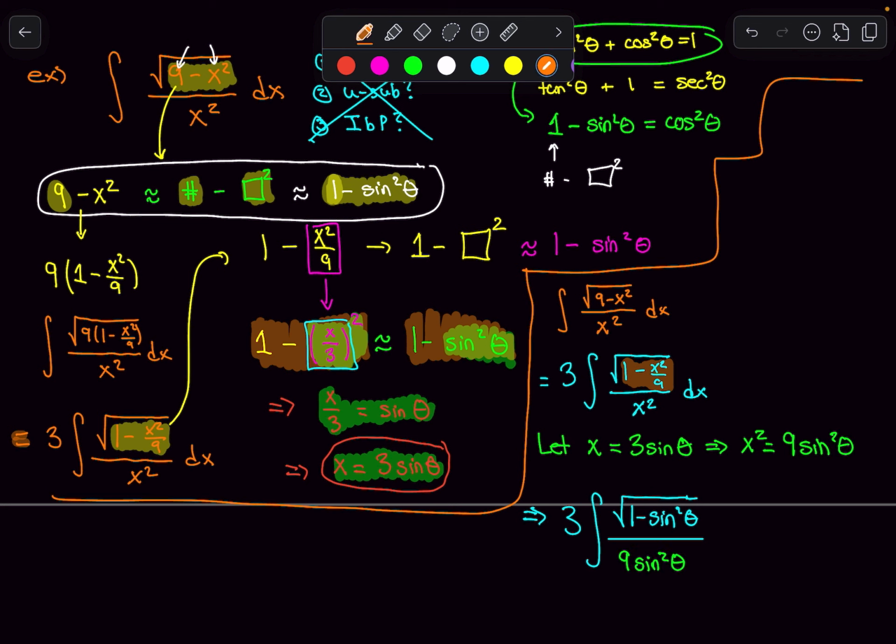And now how about the dx? Dx is next to bat. What do we do with this? Well, if x is equal to 3 sine theta, then dx is equal to 3 cosine theta d theta. And so that's going to give us a 3 cosine theta d theta over here.